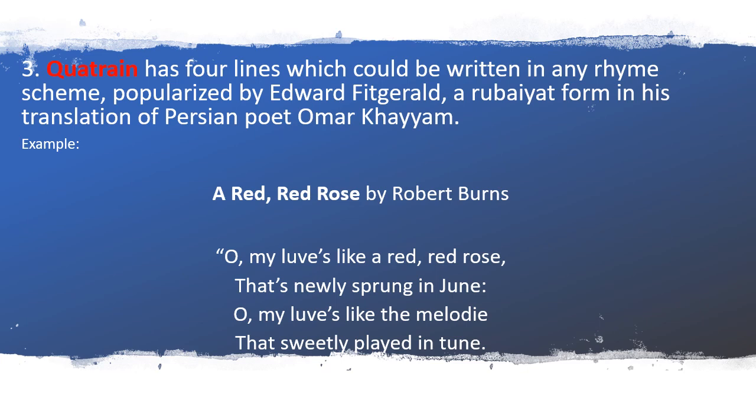A Rubaiyat stanza is an iambic pentameter quatrain with rhyme scheme of AABA. If you want to understand better about the rhyme scheme, you could watch my lesson about the Philippines short forms of poetry. An example of a poem with quatrain stanza is a poem by Robert Burns, A Red, Red Rose.